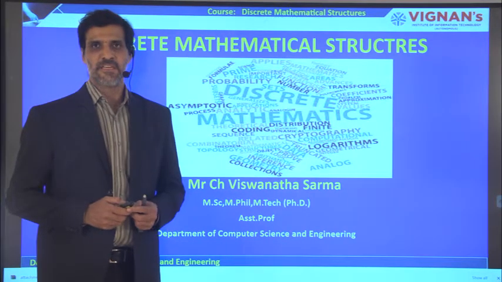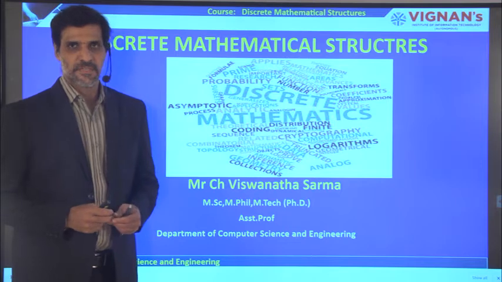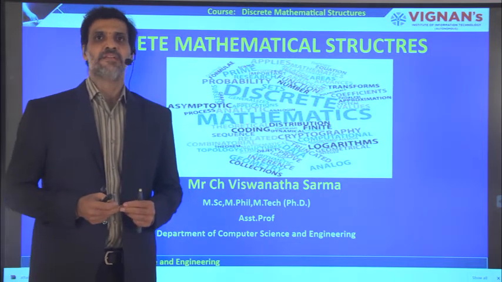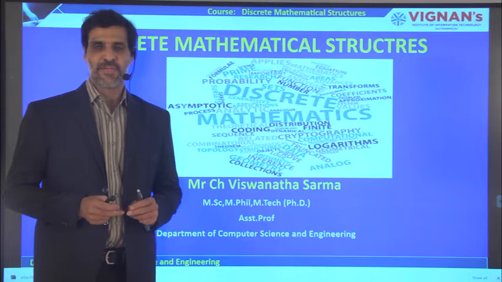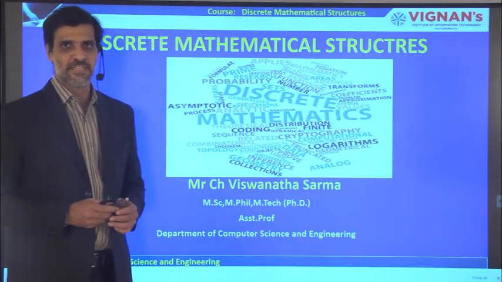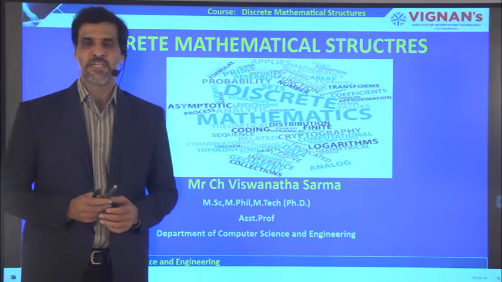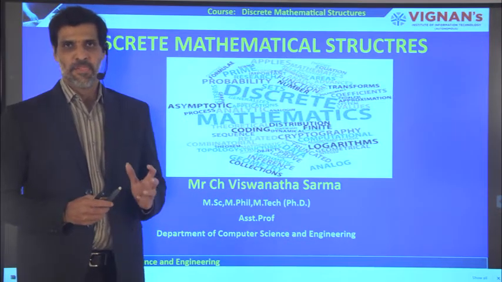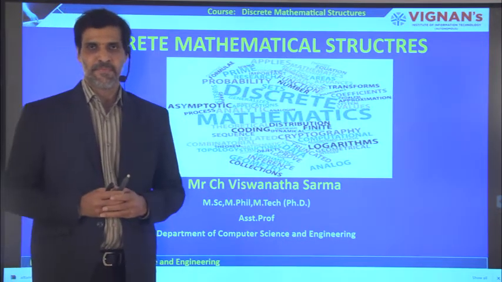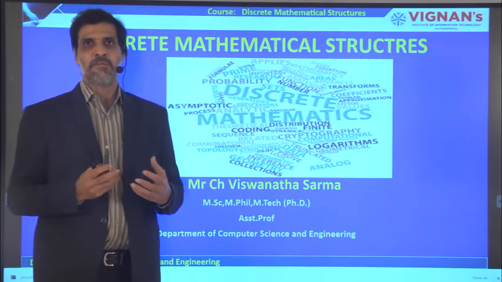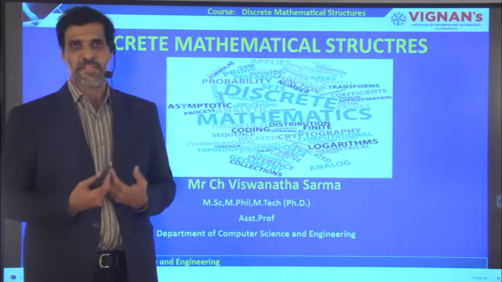In the last lecture we discussed graph theory, and we started the last unit, the fifth unit, graph theory, in our course. In that lecture we discussed the fundamentals of graph theory, that is, what we mean by a graph and what basic terminology we use in graph theory.